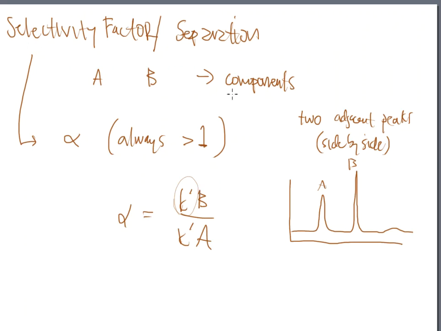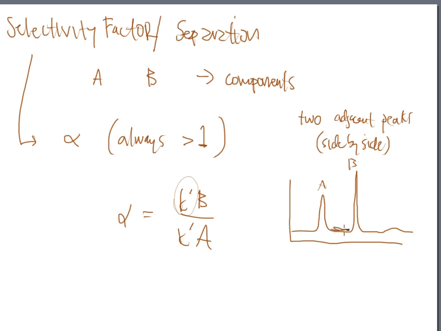So K prime B divided by K prime A, you should always get a number that's greater than 1, and that gives you a rough idea of how selective the chromatograph system can be between these two peaks. If the column is selective, the peaks should be separated.